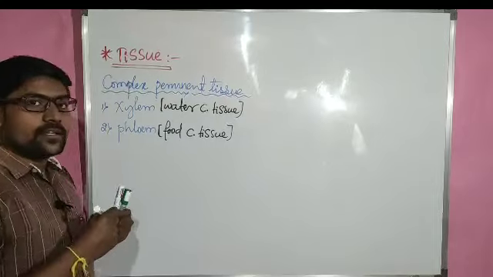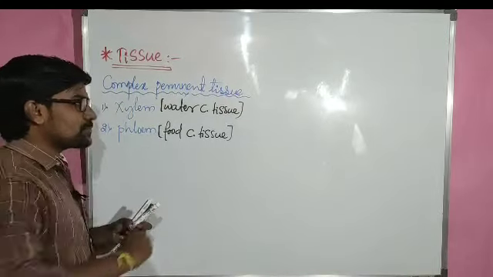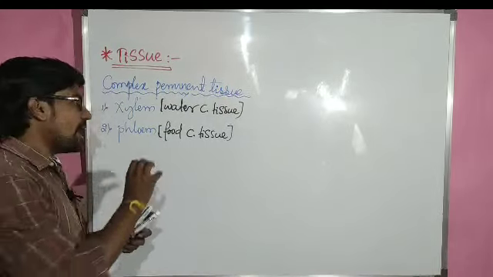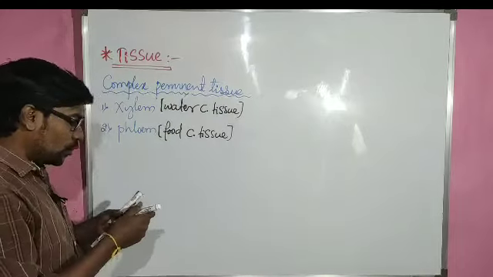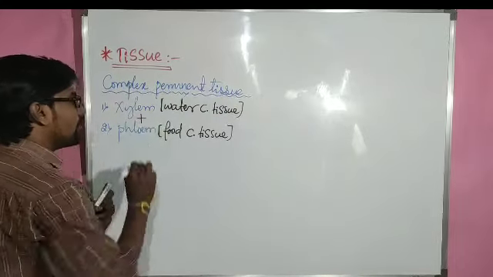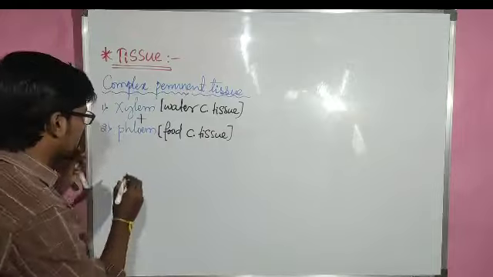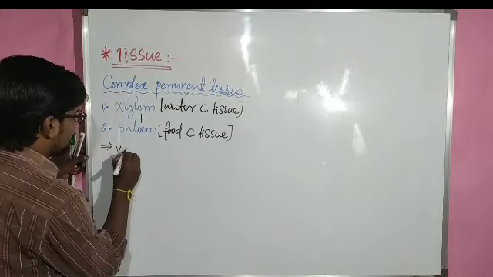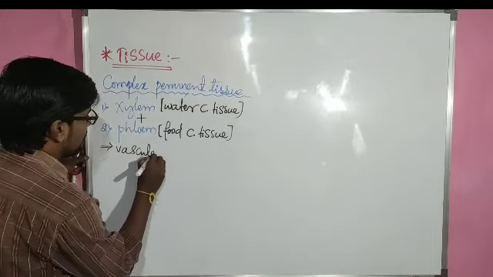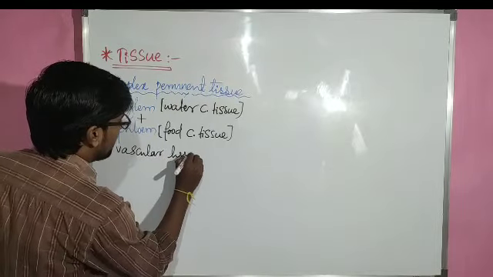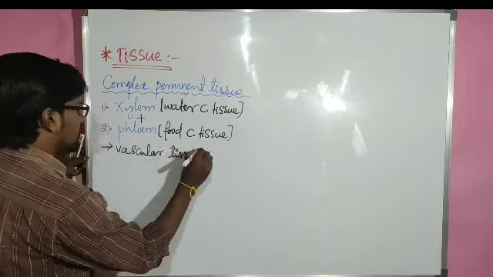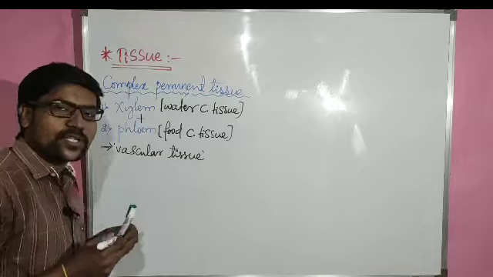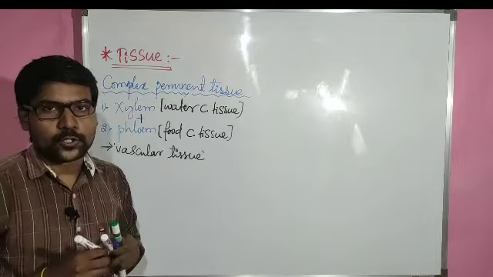Both are complex permanent tissues, and xylem and phloem together we call vascular tissues, or conducting tissues.